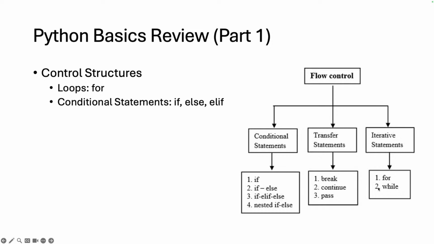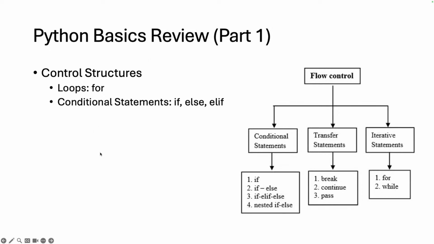We don't use a substantial amount of while loops. I think everything in this course you can do without a while loop. So for loops particularly, and conditional statements, if else statements, if, else, elif, nested if statements. Being familiar with break and continue and pass will help you, but I think for this course it's really just sufficient to be familiar with for loops and conditional elif statements.